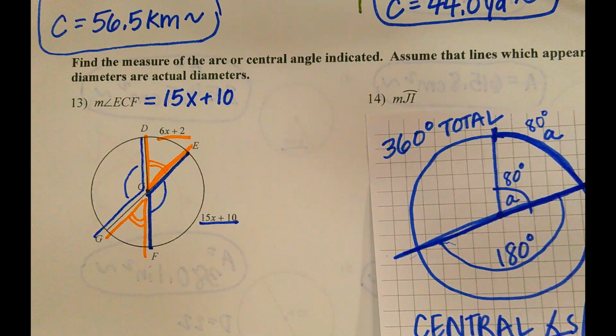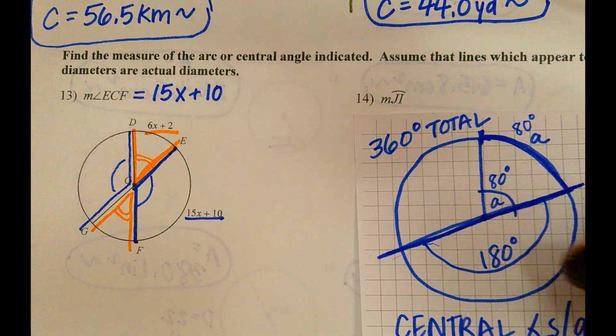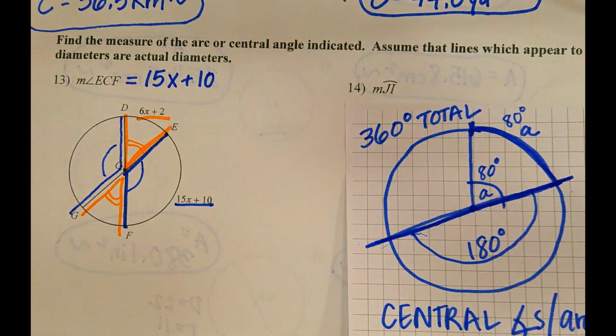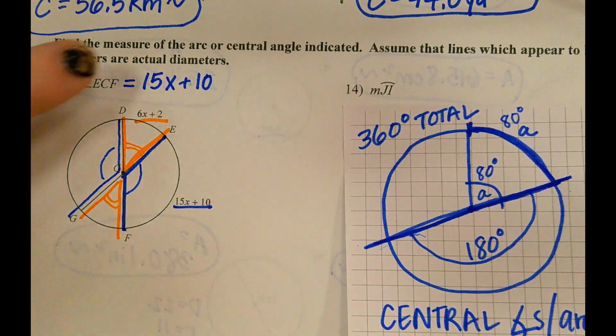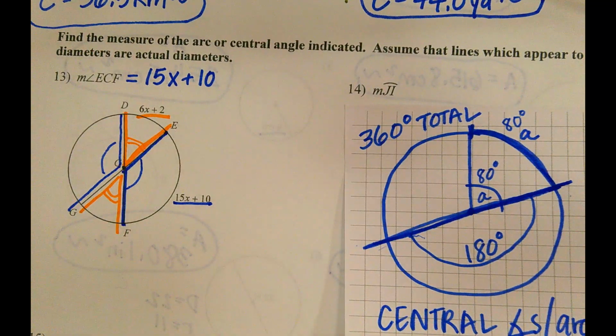This is where we'll need to think about the 360 degrees, or we can think about the 180 degrees. Do we have any diameters, any lines that go straight through the circle? Yeah. We do, from D to F. I'm going to mark that.